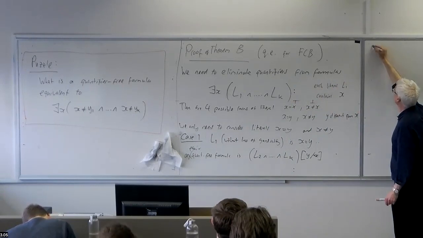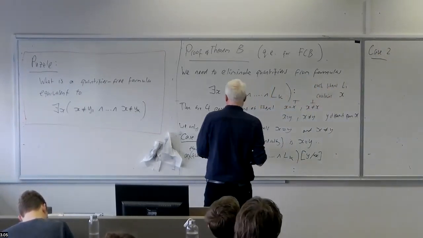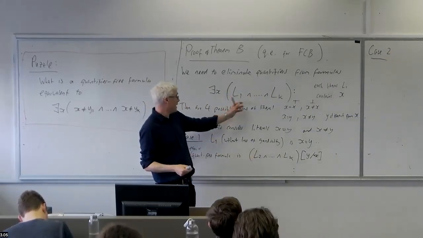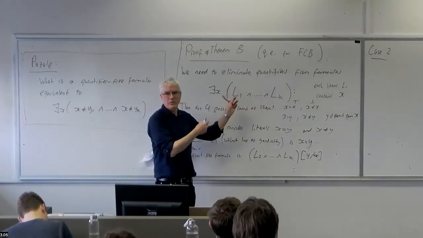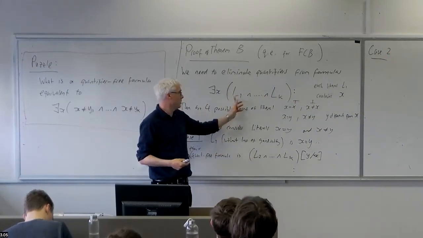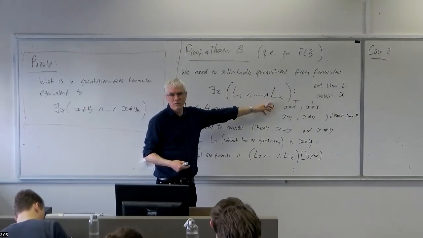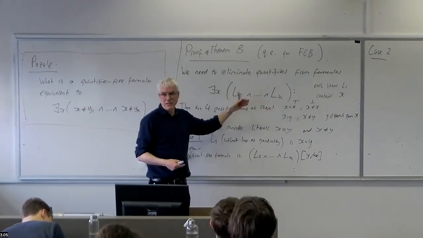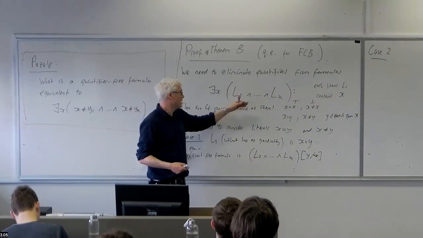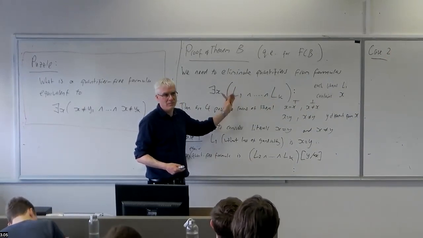So case two. As I say, this is L1 without loss of generality. If we have any equality, we can always reorder them so it's L1, and we can do this. So case two is in which this is a conjunction of negated equalities, all of the form x is not equal to some different variable y.